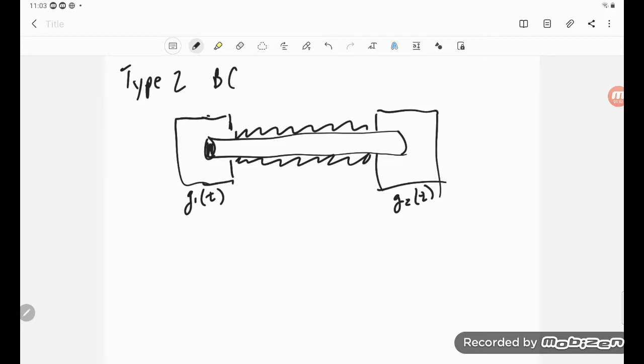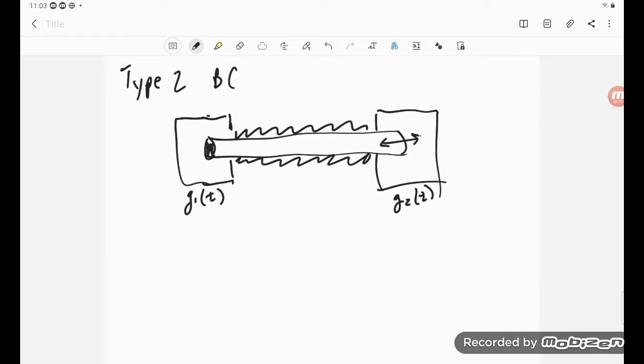And so heat could go, I'll draw it over here, either way. If the rod's hotter than the bath, the heat should leave. If the rod is colder than the bath, the heat should enter the rod.